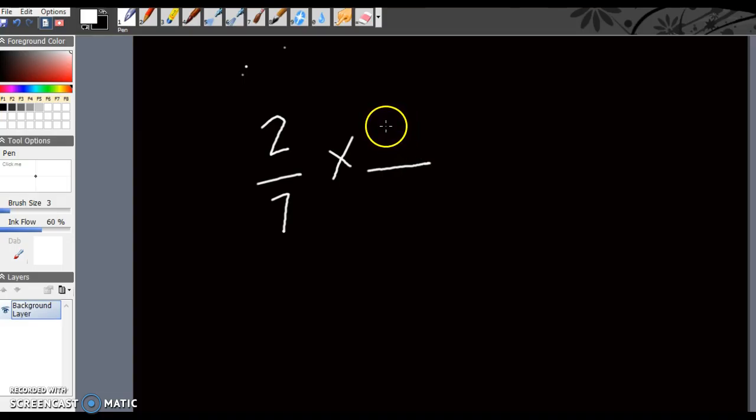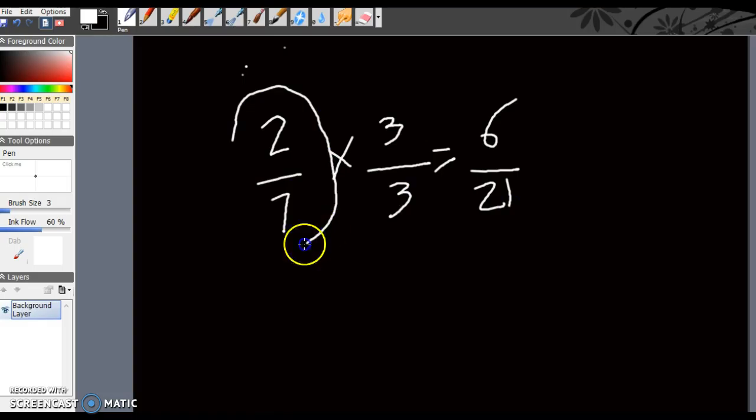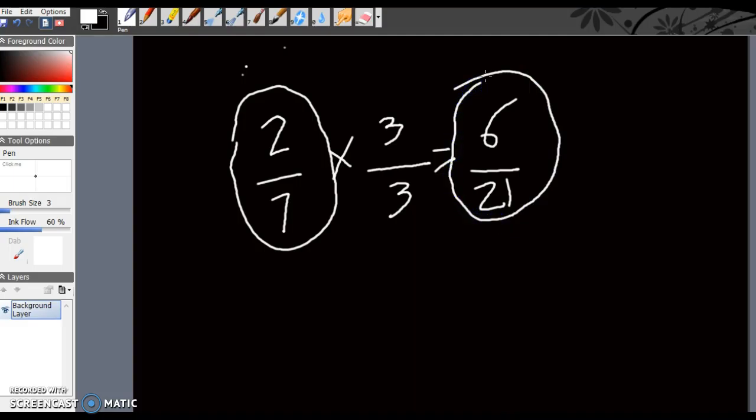I'm going to multiply both numerator and denominator times the same number. Let's say the number is 3. Remember, you're doing the same operation, multiplying times the same number. So 2 times 3 is 6. 7 times 3 is 21. That tells me that the fraction 2/7 is equivalent to 6/21.